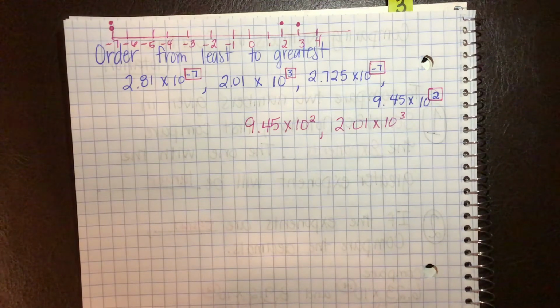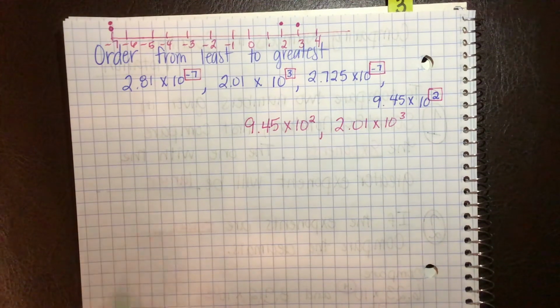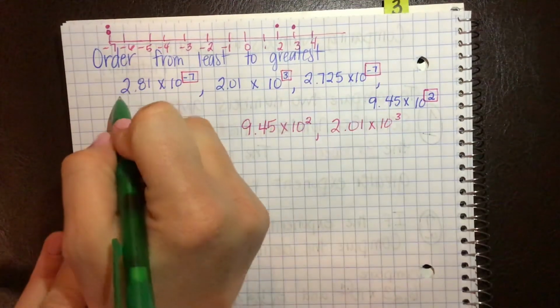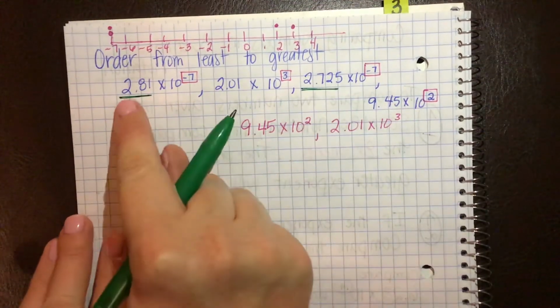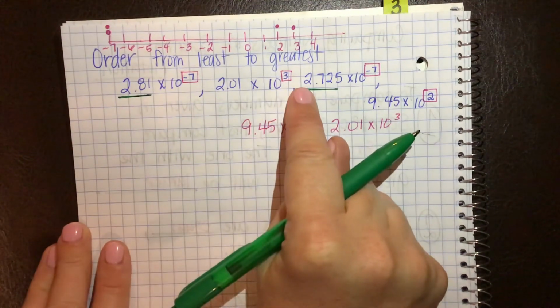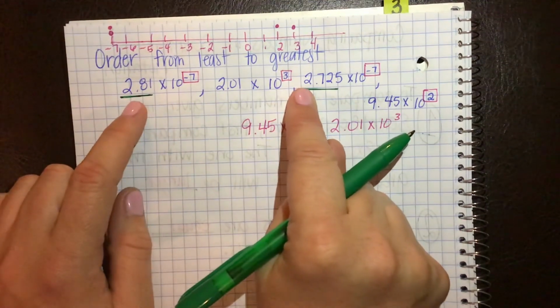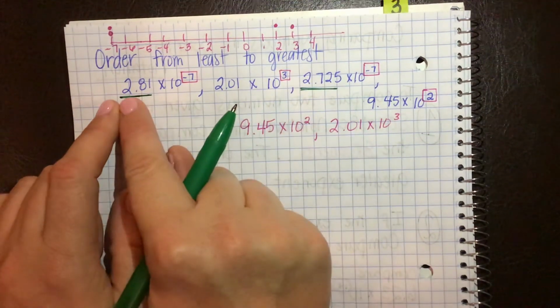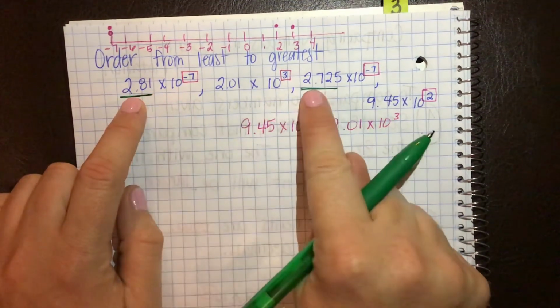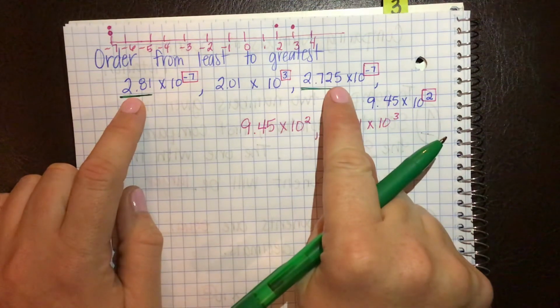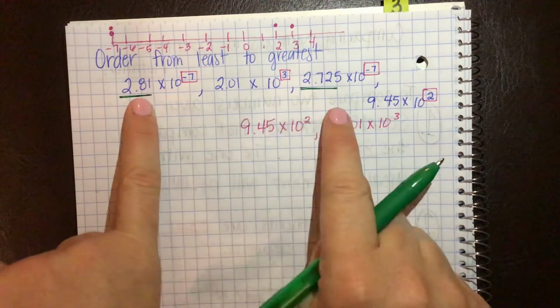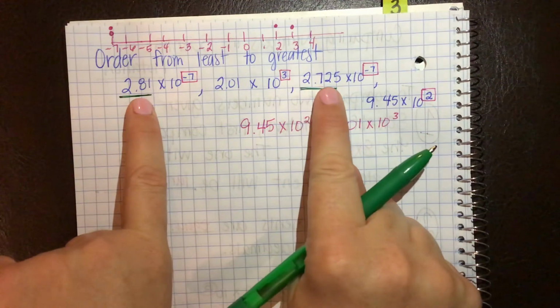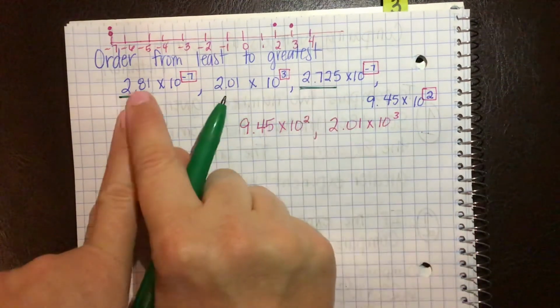Now the next thing I need to look at is the 2 with the negative 7s. I need to look at these 2 numbers right here. So if I have 2.81 and 2.725. Think about money. If I had $2.81 and I had $2.725, the 2.81 is larger than 2.72. 72 is smaller than 81.